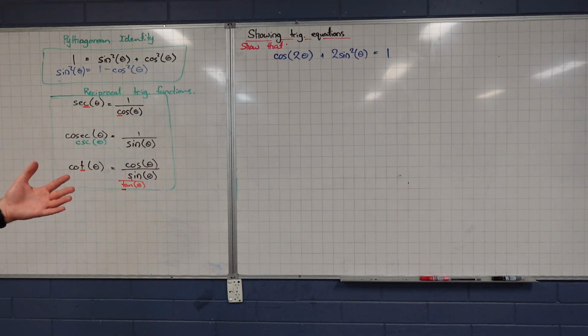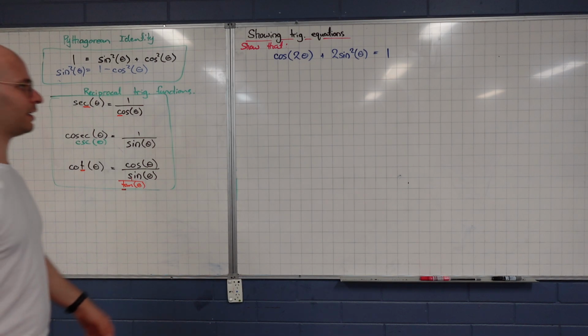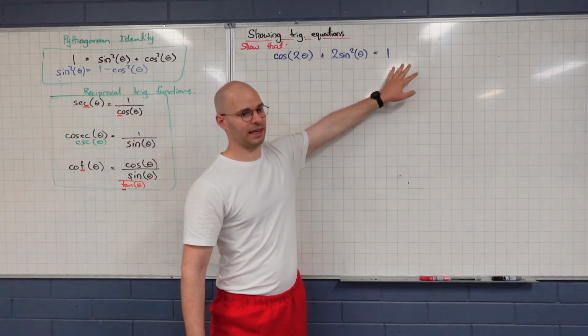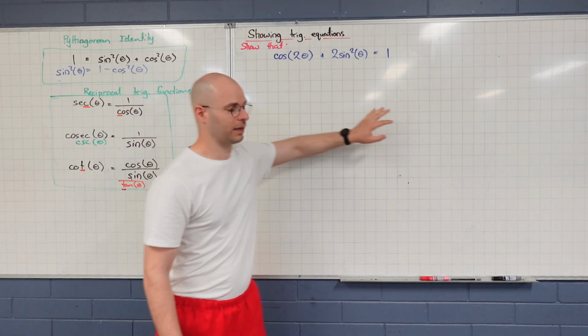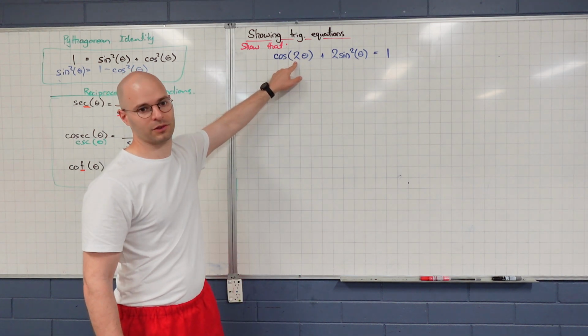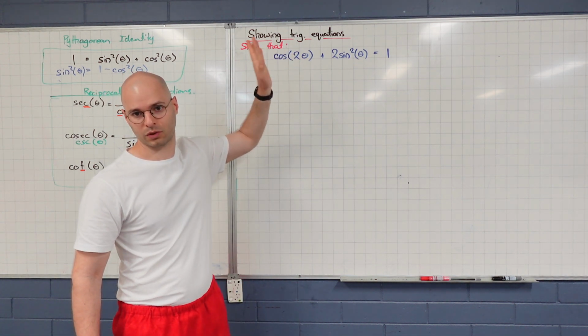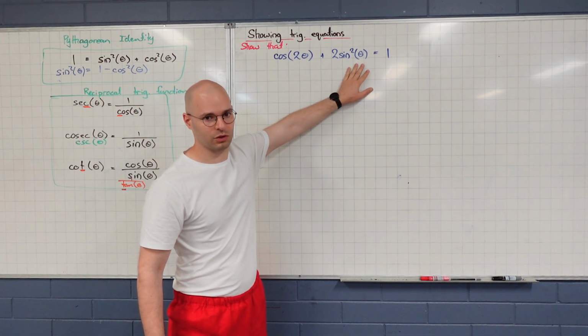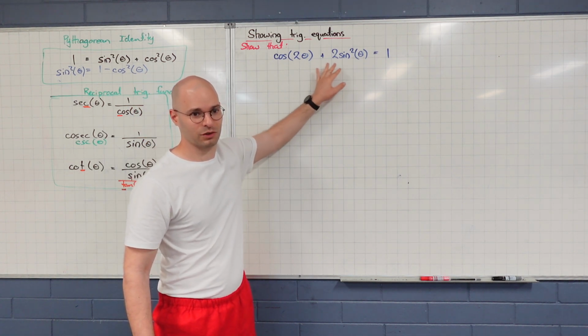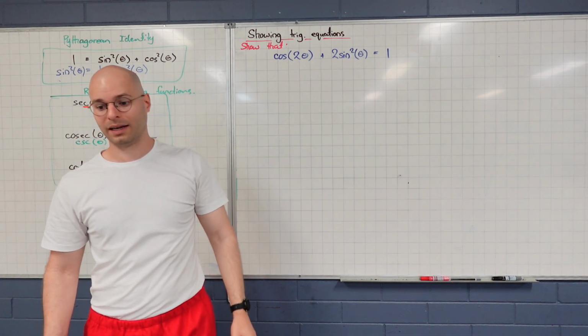If there's single thetas on the right or there's a 1 on the right, you're probably going to have to reduce these to just a single theta. You want them to be the same sort of thetas because you can work with that.